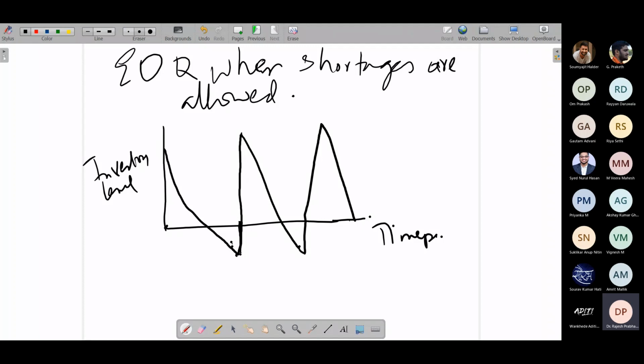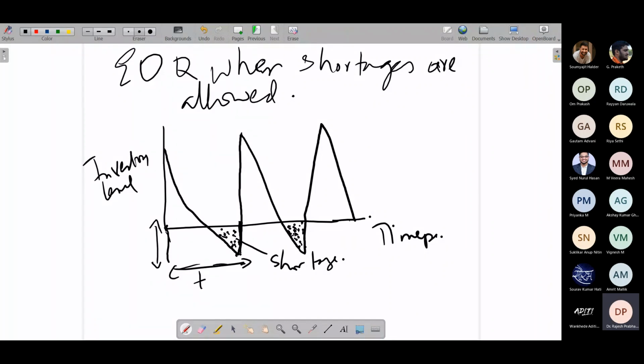So this we call shortage. If you look at this period, we call this the shortage period. This is your shortage time. Every time there is a shortage, these shortages are allowed for demand, right?